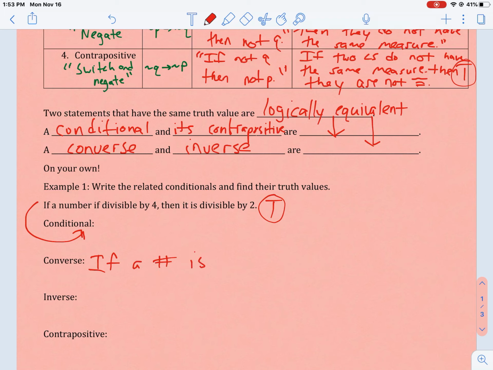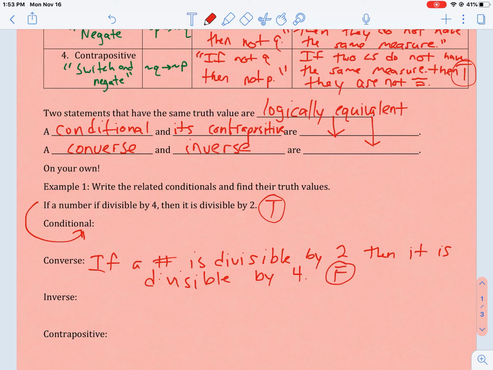The converse means we switch them. If a number is divisible by 2, then it is divisible by 4. Okay, this is false.